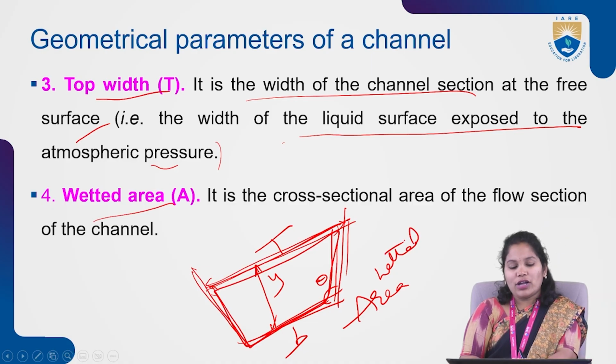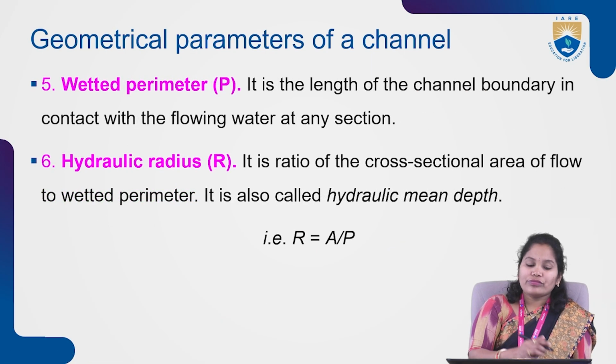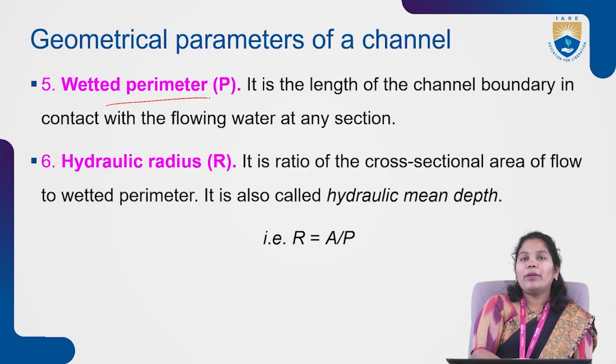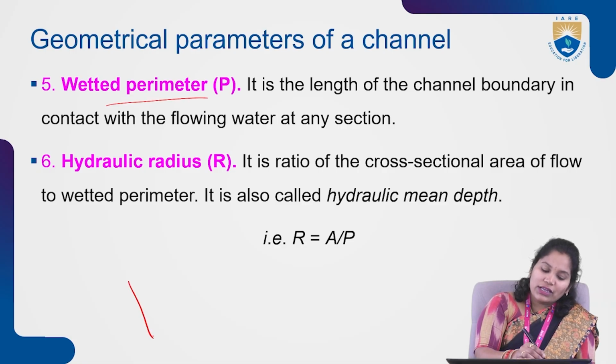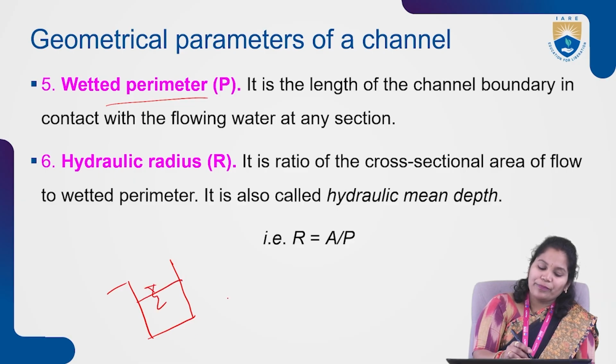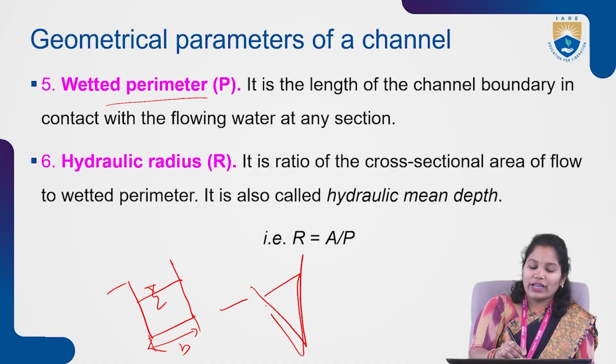Now the formula, and here the wetted perimeter. Area, perimeter, all these things depend upon your geometry. If your geometry is a square channel, calculate the wetted area of the square. If it is a triangle, calculate the wetted area of the triangle.